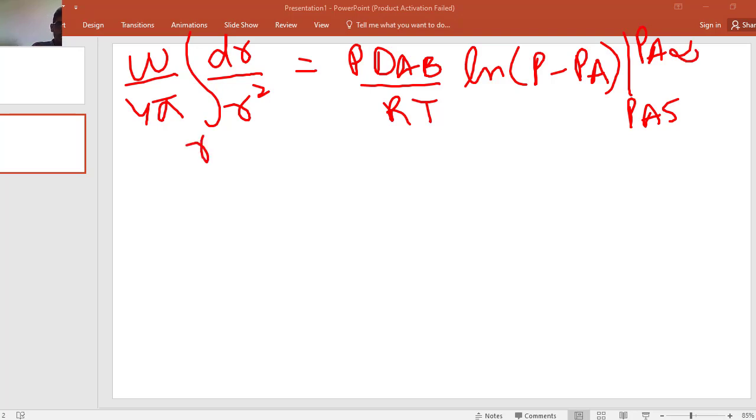When R is equal to RS, PA is equal to PAS, and when R tends to R infinity, PA is equal to PA infinity.